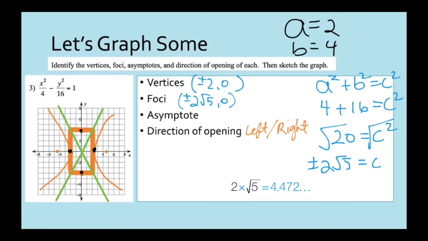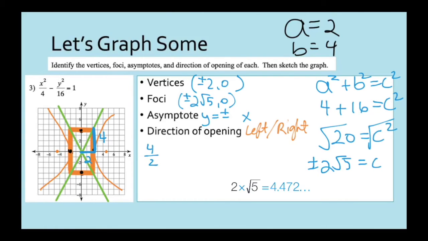Now my asymptotes always have a y equals, always have a plus or minus, and it's some slope times x. And that slope, I can find a couple ways. I could just come down over here. That y value right there is 4. And this value over here is 2. And so we do our rise over our run, which is 4 over 2.